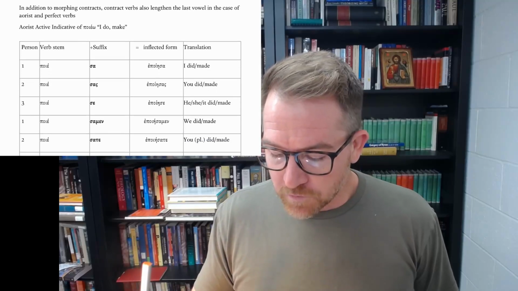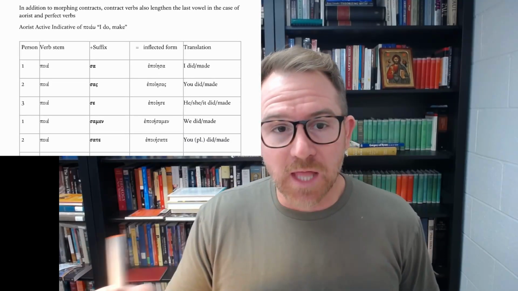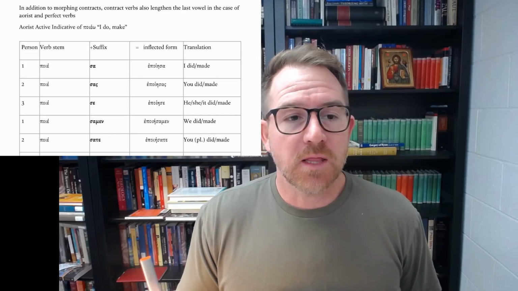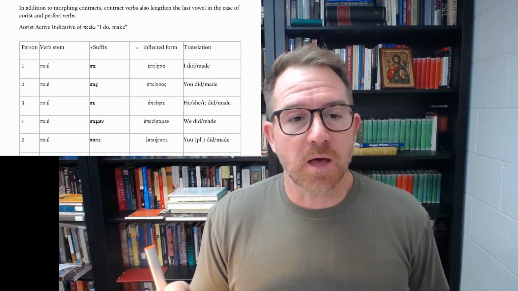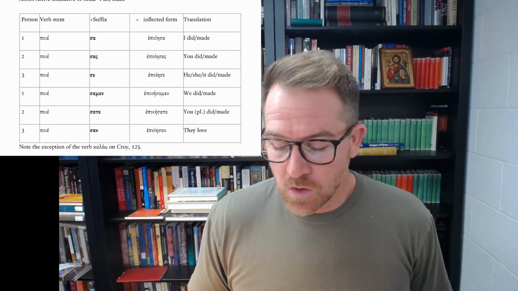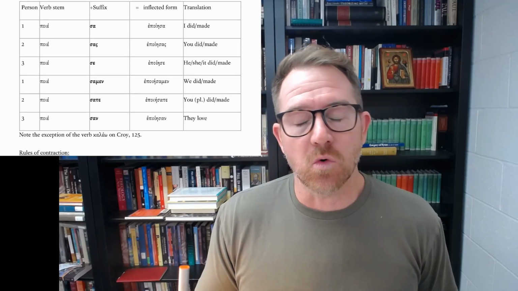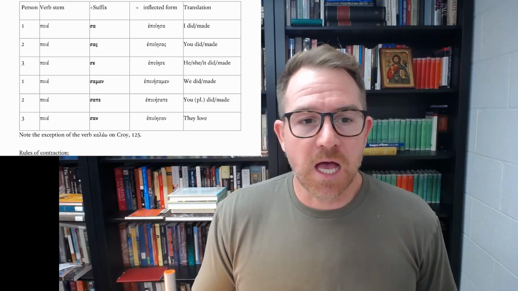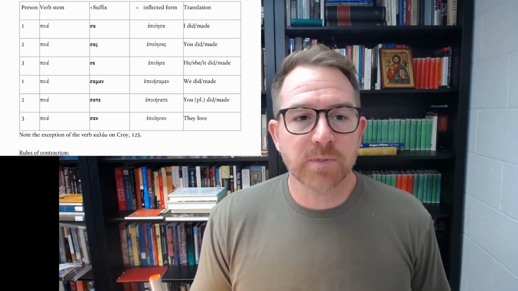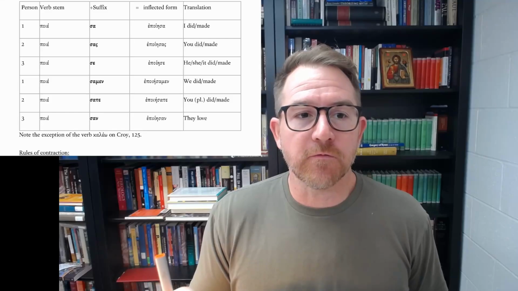In addition to contracting, contract verbs can also lengthen the last vowel in the case of aorist and perfect verbs. So we all know that aorists like to have those sa, sas, se, samen, sate, san endings in the first aorist, or ka, kas, ke, kamen, kate, kan endings in the perfect. And so what happens when you have that sigma and the verb stem ends in a vowel? Well, it lengthens.